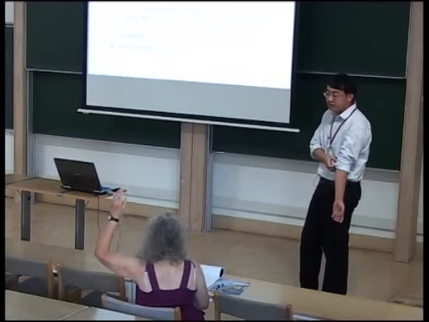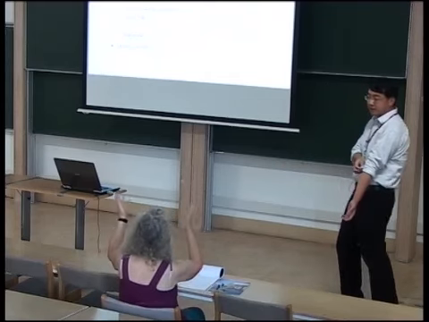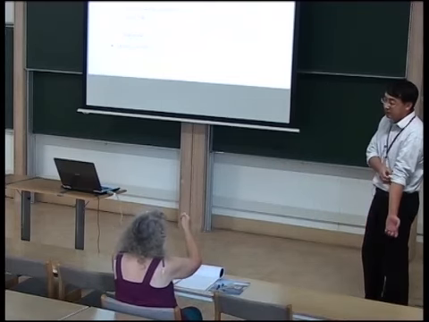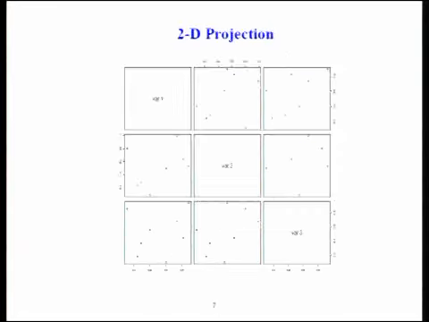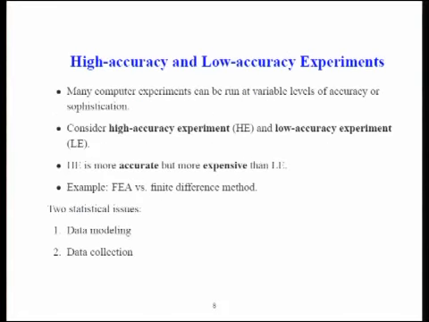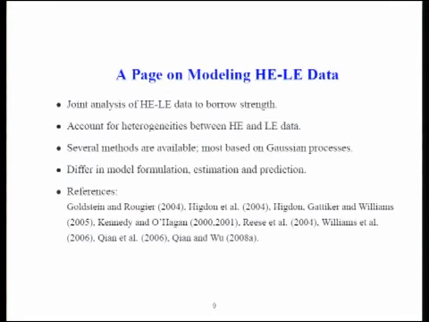Yes, Rosemary. I just wondered if you could really combine these into a single idea. Because if you take one of your sliced designs, you could take your sub-designs to be the first slice, and then the first two slices, and then the first three, and so on. So you could say really it's a single type of design but used in two different ways.